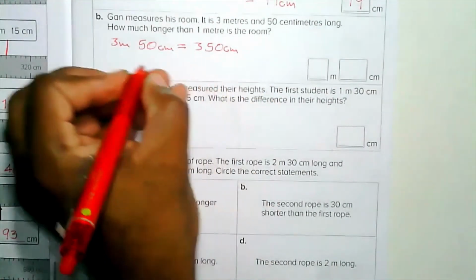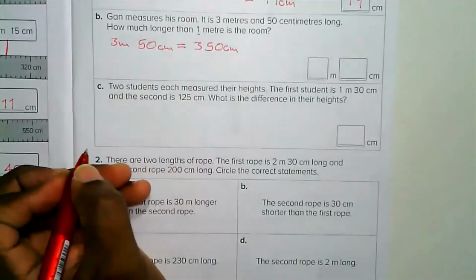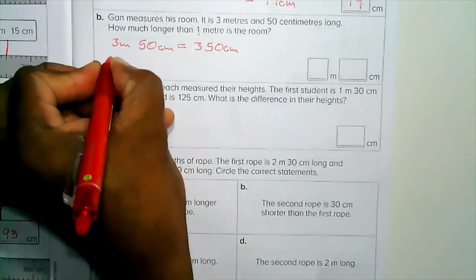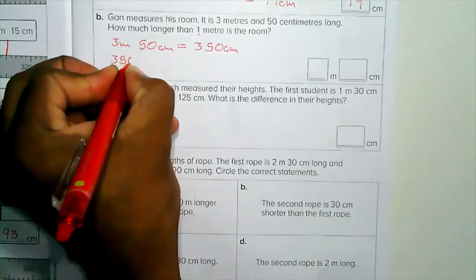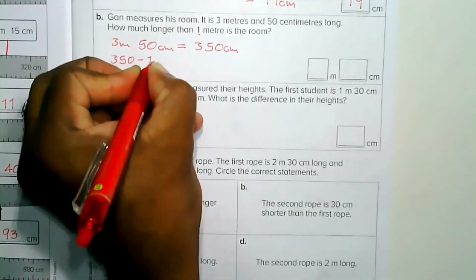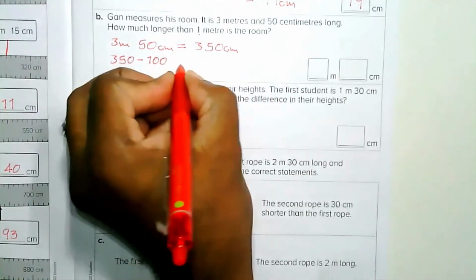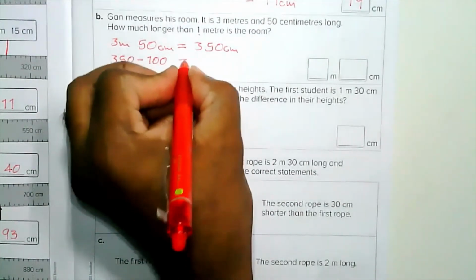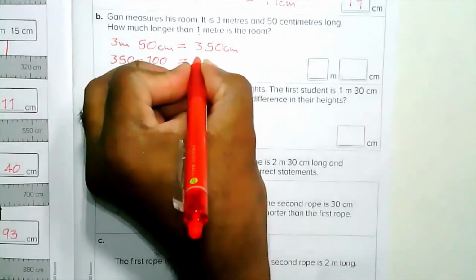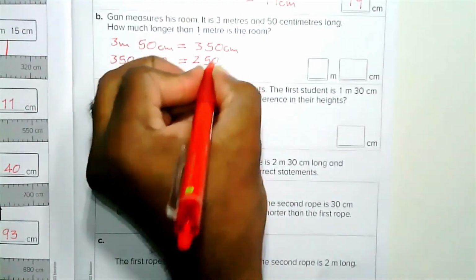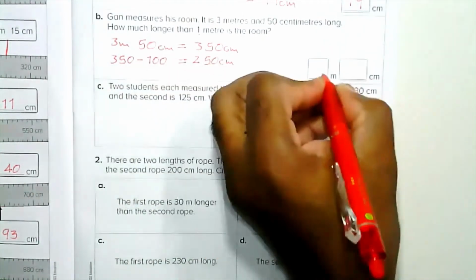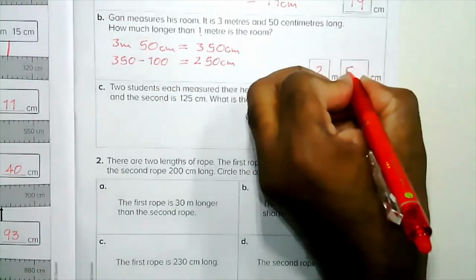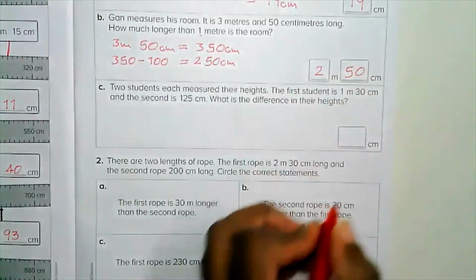So we subtract this from 1 meter. So 350 minus 100, which is 250 centimeters. So it's the same as 2 meters, 50 centimeters.